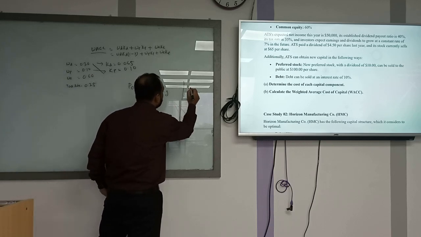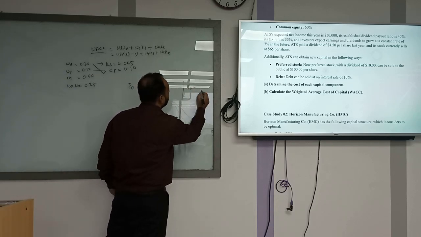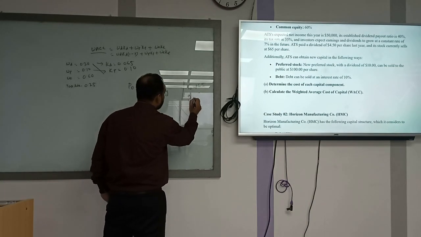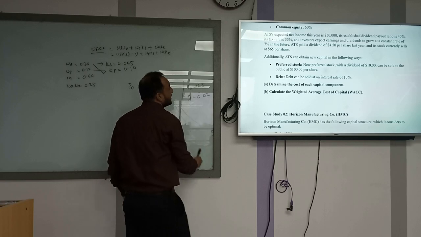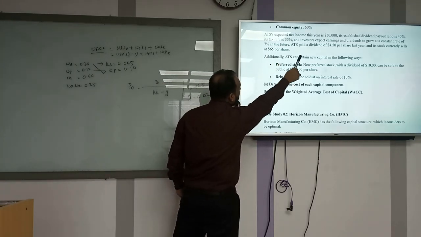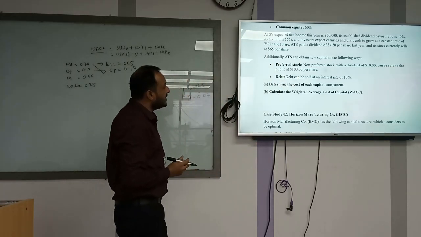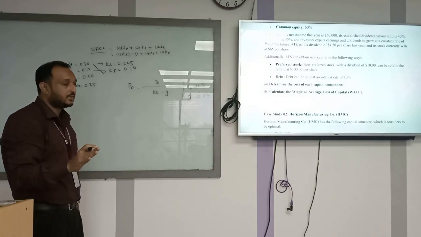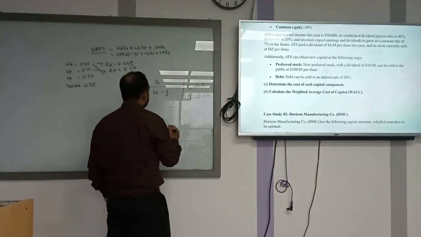P naught is given, $65. G is the growth rate: investors expect earnings and dividends to grow at a constant rate of 7% in the near future. So the perpetual growth rate is 7%.